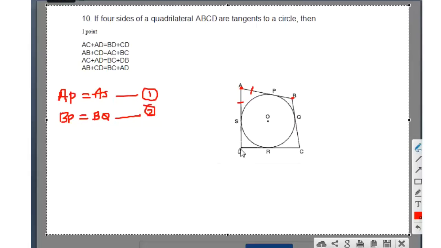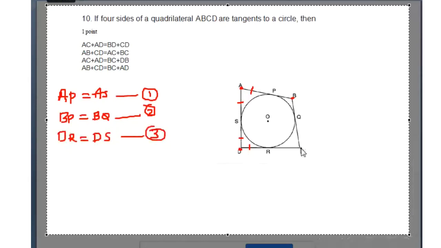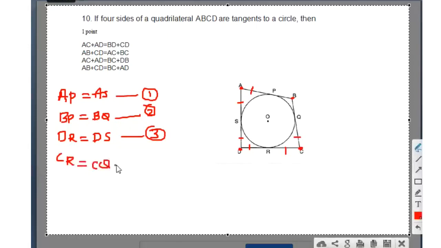I will write D is an external point, DR and DS are tangents, and these tangents are equal because tangents drawn from an external point of a circle are equal. So DR is equal to DS, which I will assume as the third equation. Similarly, C is an external point of a circle, and tangents drawn from it are equal, and I will write CR is equal to CQ.